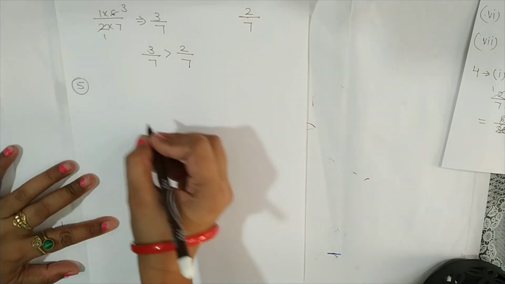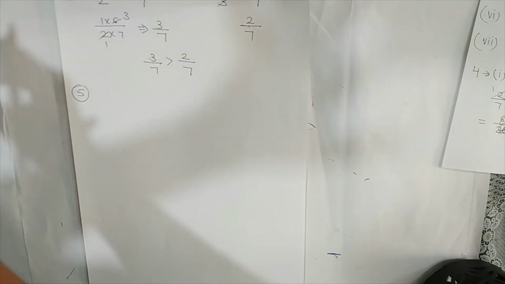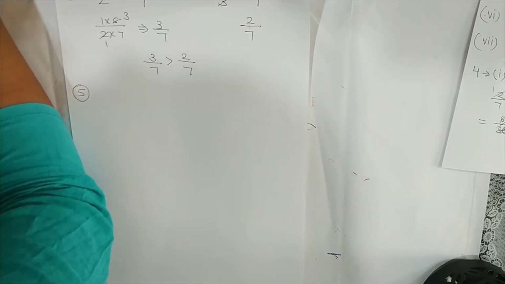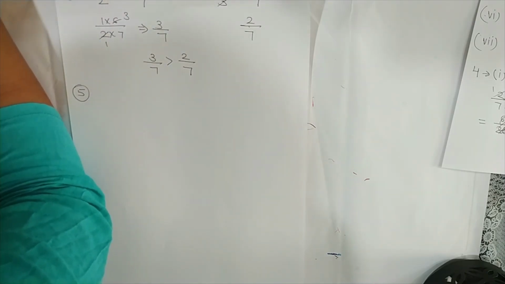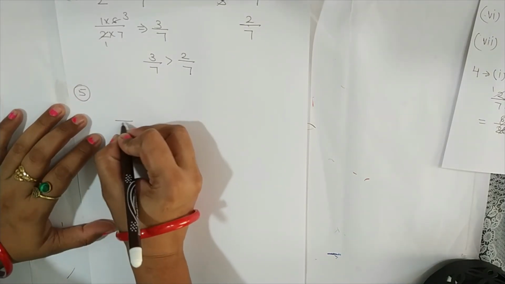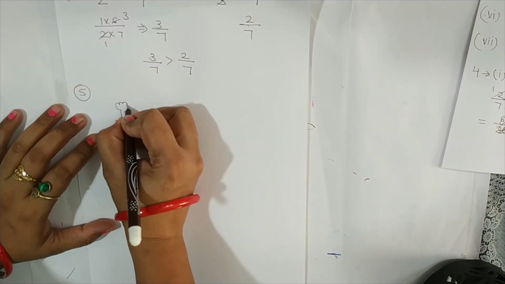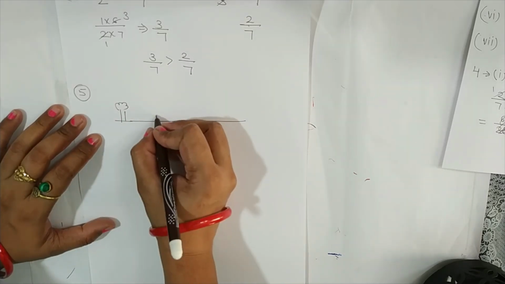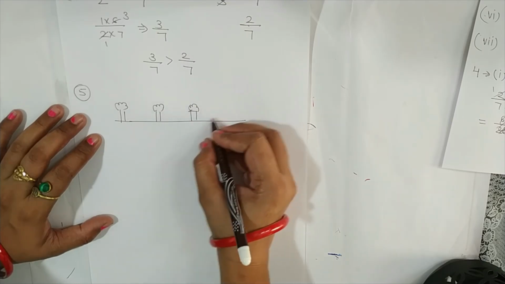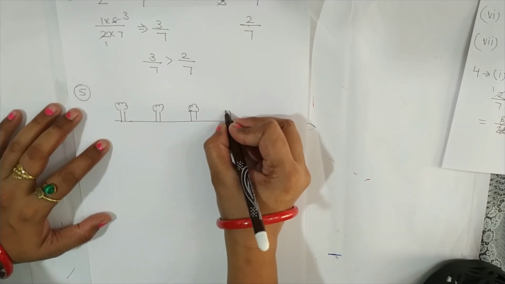Now question number 5. Shelly plants 4 saplings in a row in her garden. Let us assume these are the plants.